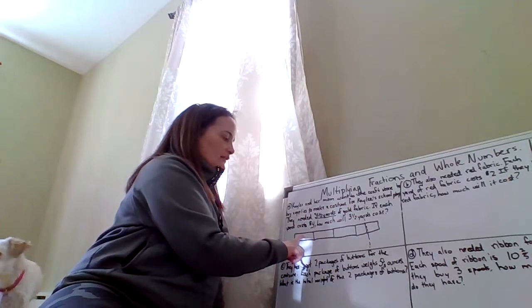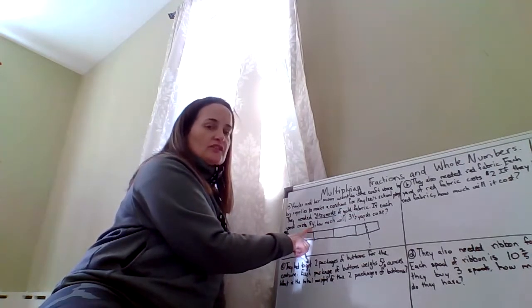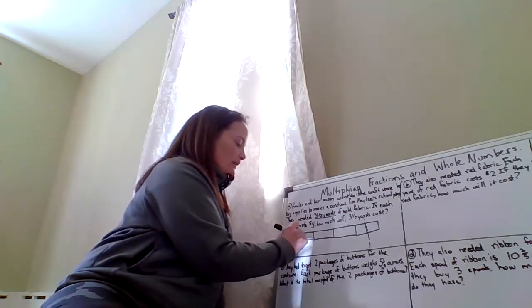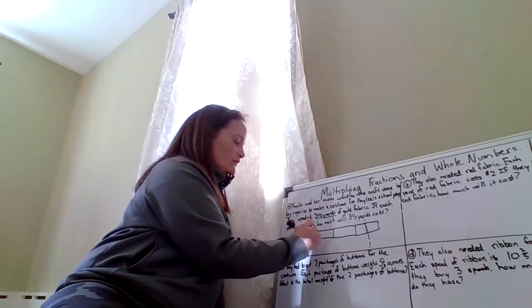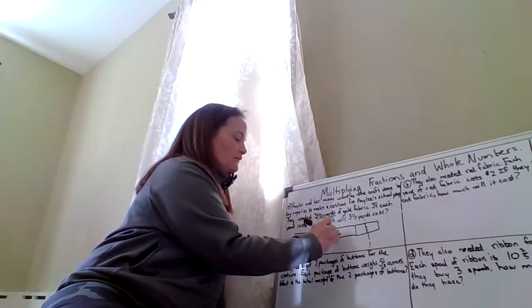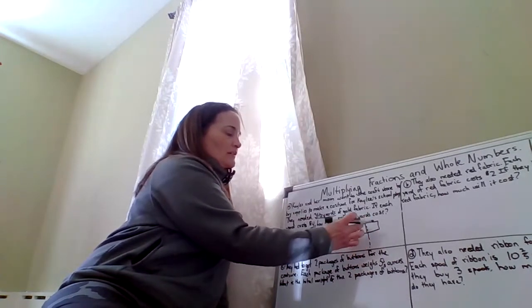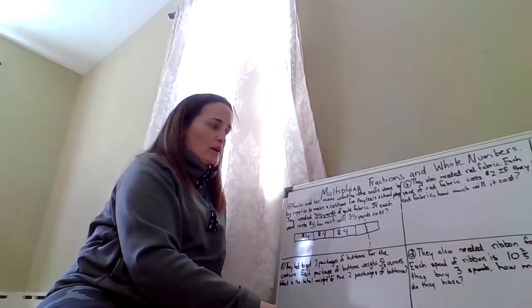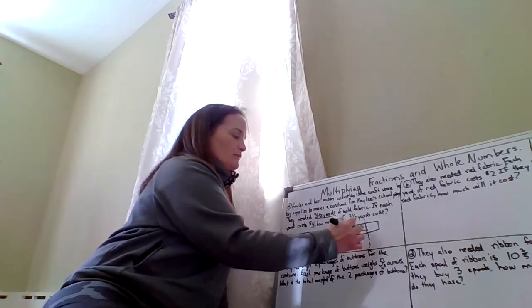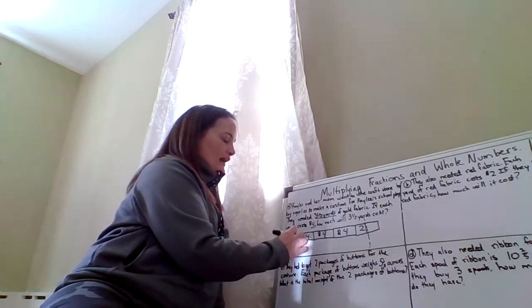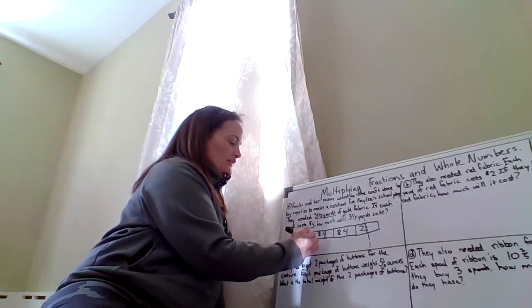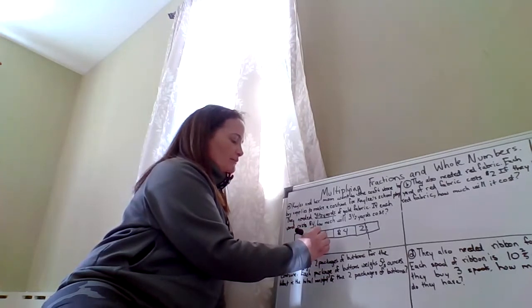Each of these yards costs $4, so we'll write $4. Now this is $4 also, but if we only had half of 4, we would have 2.